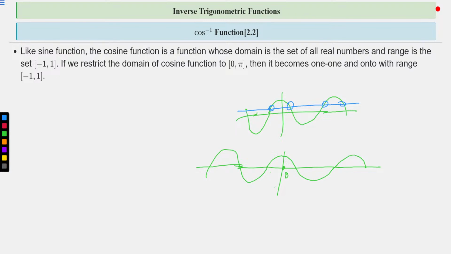If we take 0 and this is pi, we delete all the values before and after that, because we have taken the domain from 0 to pi. And again, draw any line parallel to the x axis, then you can say that the function will become one-one, because it is cutting the graph at only one point. Then it will become a one-one function with range minus 1 to 1, right?